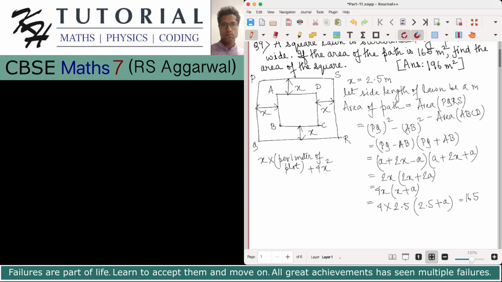So this implies 2.5 plus a will be equal to 165 divided by 4 multiplied by 2.5. This is equal to 165 divided by 10, which is 16.5.